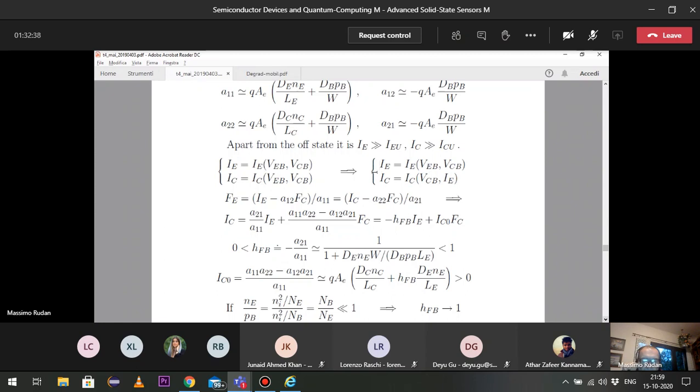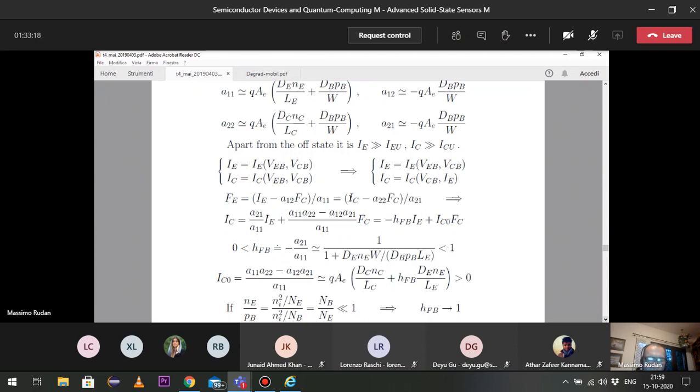It is actually very easy because the representation is linear in the exponentials FE and FC. So we simply eliminate FE from the equations. From the first equation, the one that describes the emitter current, we extract FE, and it turns out to be equal to IE minus A12 FC divided by A11. Then we do the same from the second equation.